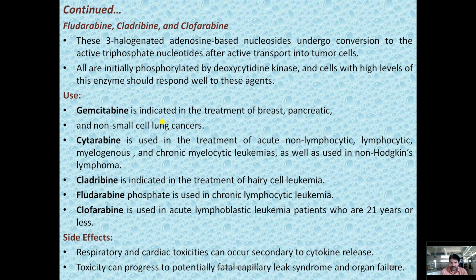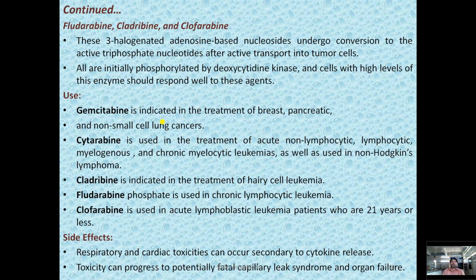Cytarabine is used in the treatment of acute lymphocytic, acute myelogenous and chronic myelocytic leukemias, as well as in non-Hodgkin's disease or Hodgkin's lymphoma. Cladribine is indicated in the treatment of hairy cell leukemia. Fludarabine phosphate is used in chronic lymphocytic leukemia. Clofarabine is used in acute lymphoblastic leukemia, in patients who are 21 years or less.